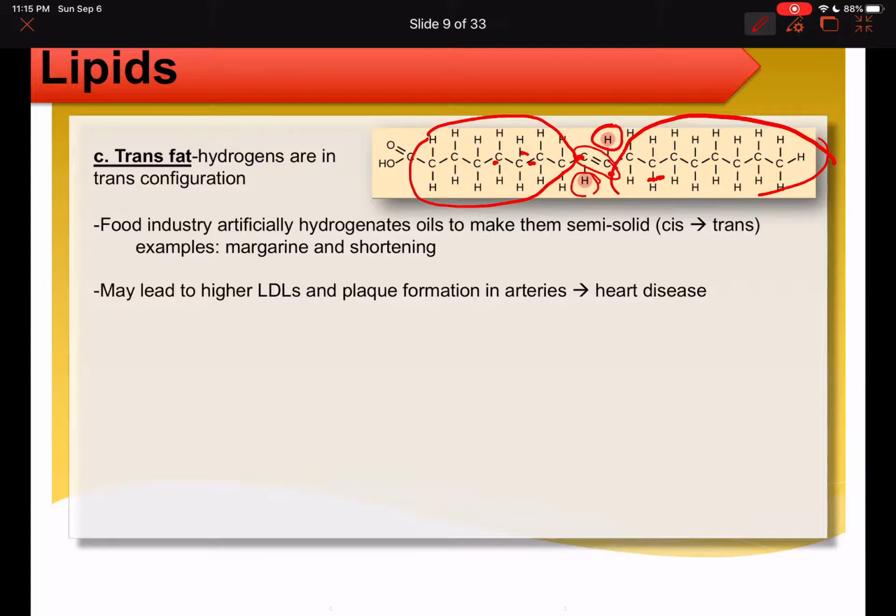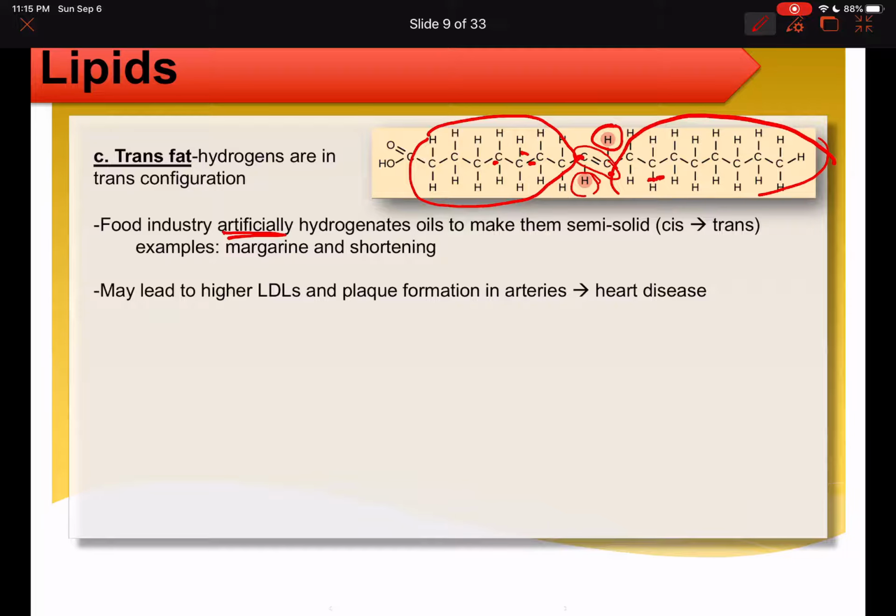So let's see. We actually don't make trans fat naturally. That's something for you to know. It is made by human techniques, where the food industry artificially, notice the word artificially, that means we don't naturally make this.